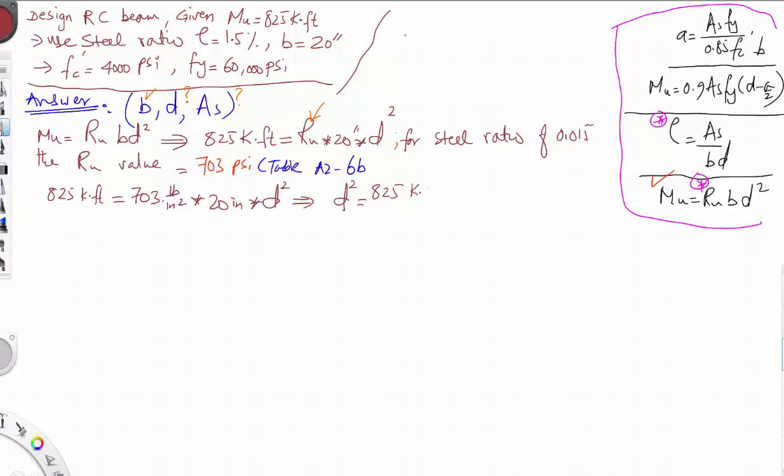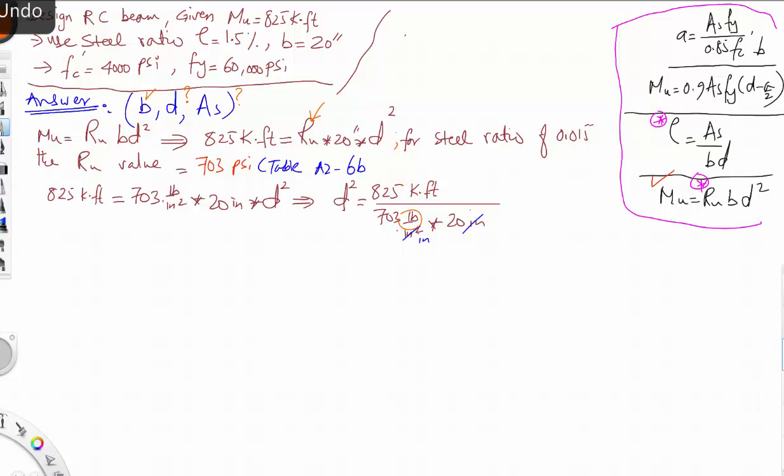825 kip foot divided by 703 pound per inch square, 20 inch. So we could do the cancellation here. We have inch here, but you see we have kip and foot, and we have pound here.